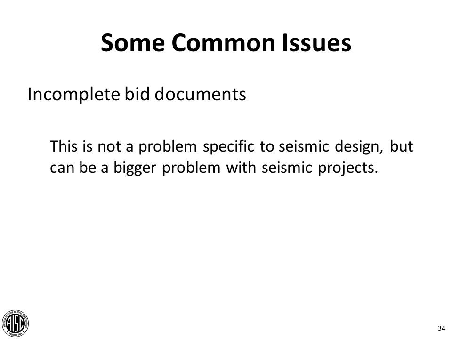So a big issue, we're not going to spend a lot of time on it, even though it's probably one of the biggest issues facing structural steel construction overall, involves incomplete bid documents. This applies whether we're talking about a seismic project or a non-seismic project.